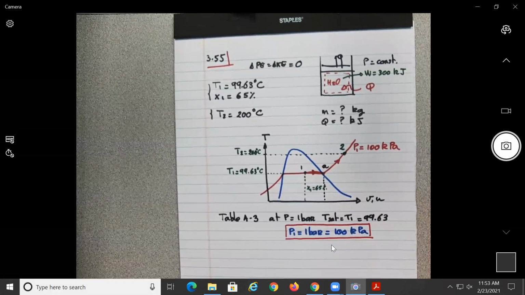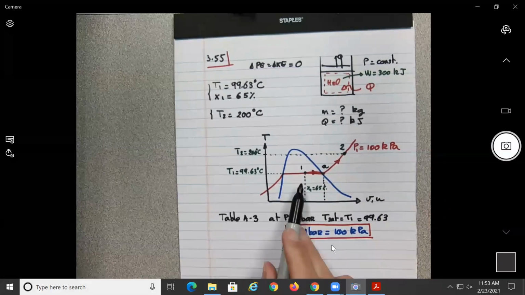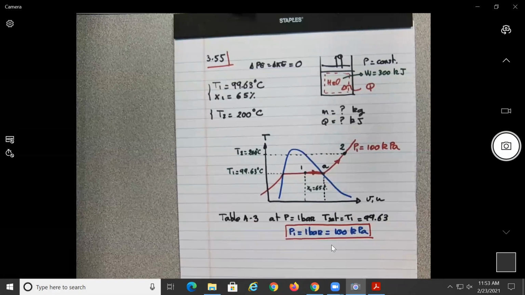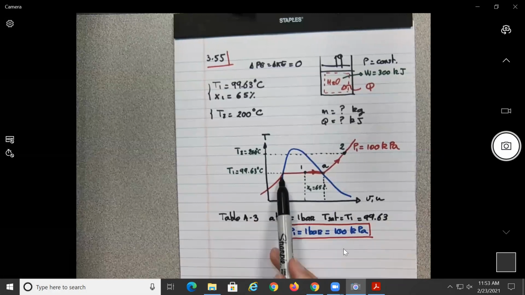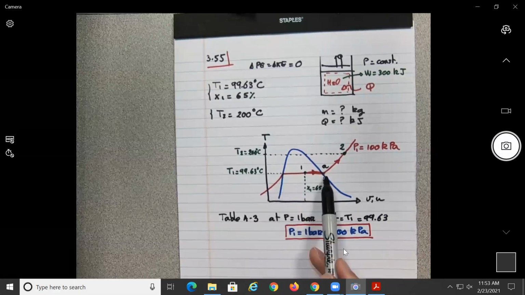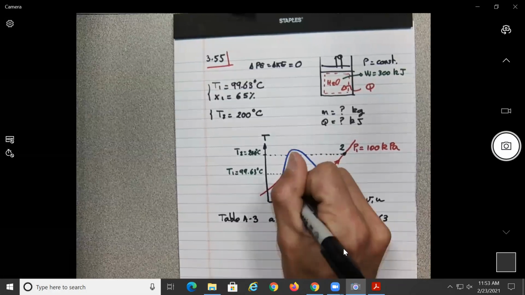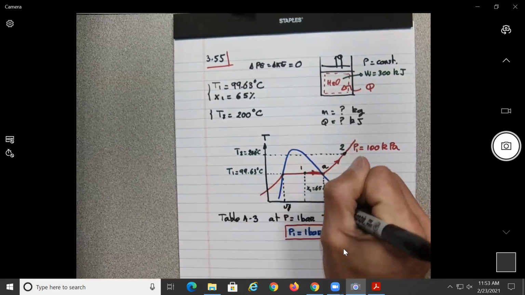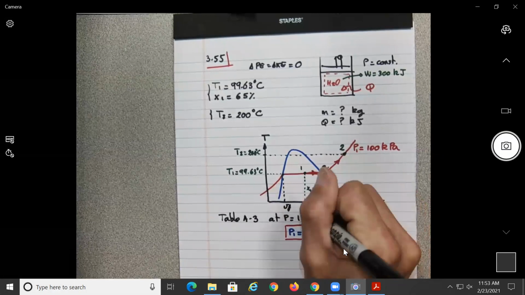All right, so now, from the table at P equal 1, so from table A3, we can also find what is V fluid over here and what is V gas over here. Okay? So this is the saturation volume. And this would be here the saturation gas, and this would be here V1.